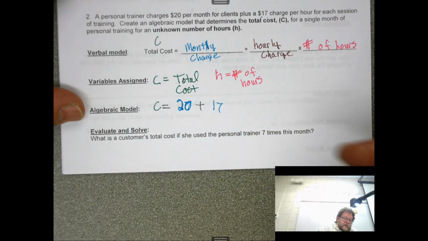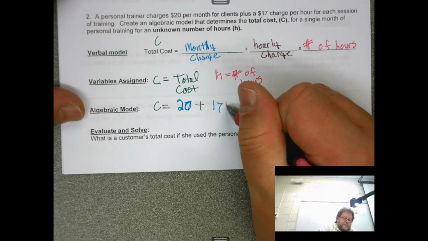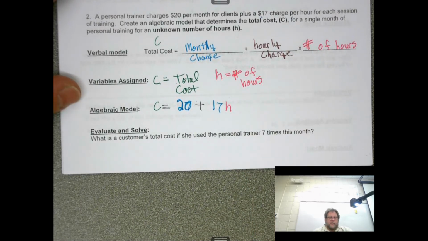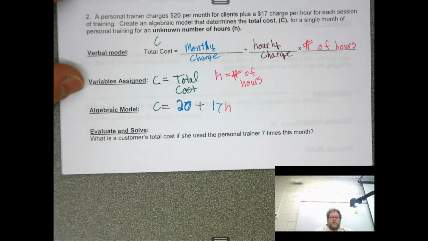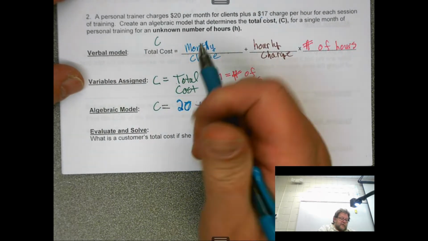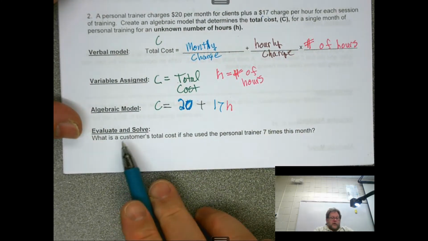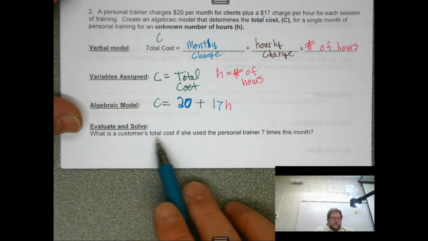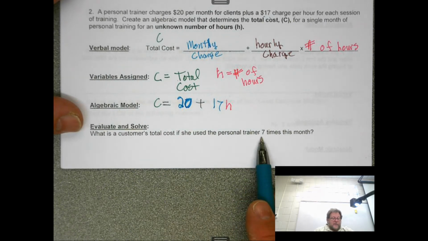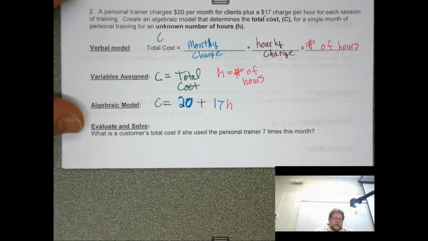So now we're going to actually evaluate this when they tell us that, hey, this person used 7 hours this month. So let's go ahead and plug that in. So our total cost is going to equal the $20 plus the 17 times, and if you want, you can put a little times there.